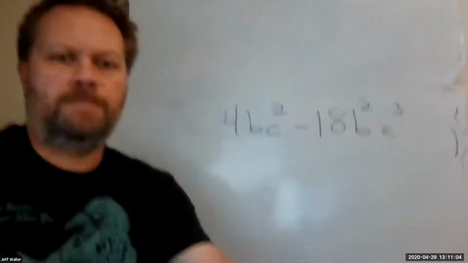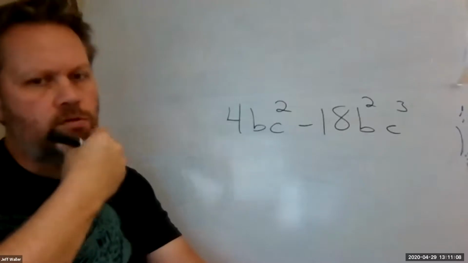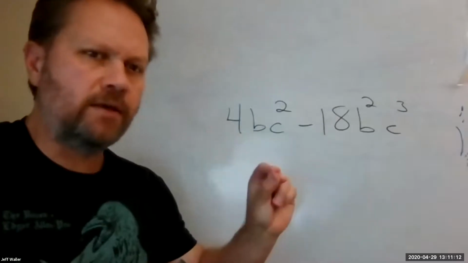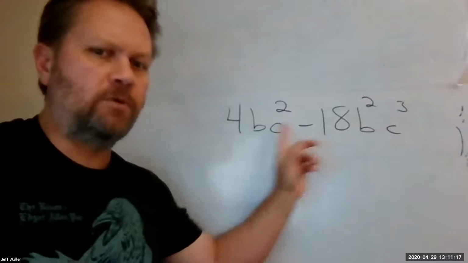Okay, so if I want to factor this, I want to undistribute something. There was something that multiplied to make this and multiplied to make this.